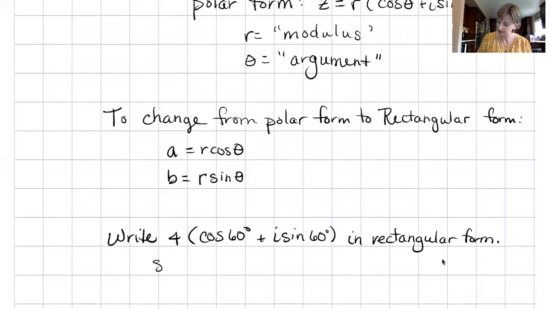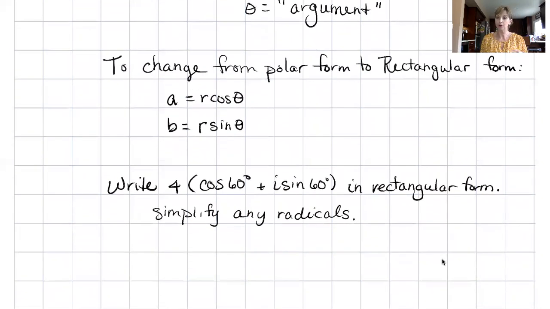And we're instructed to simplify any radicals. So that means that if there's radicals in our answer, we're going to leave them there, we're just going to simplify them. So no calculators on this, exact answers.